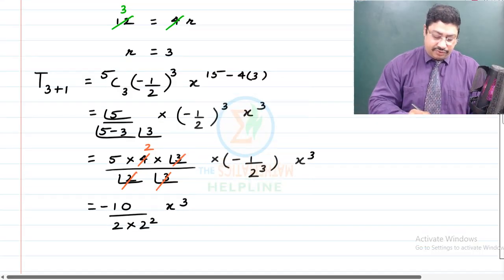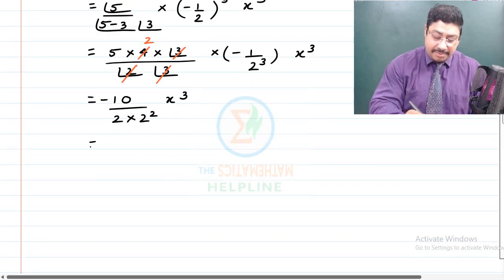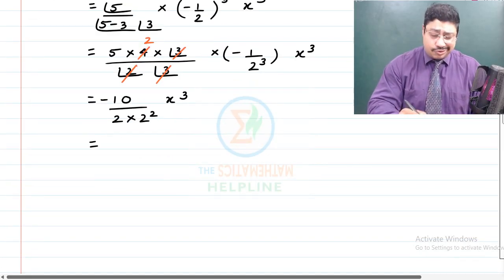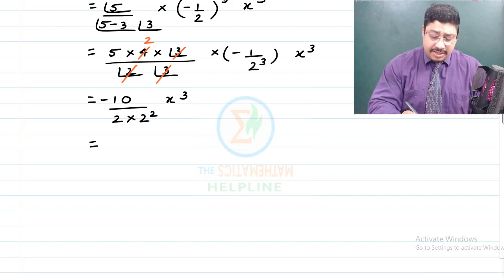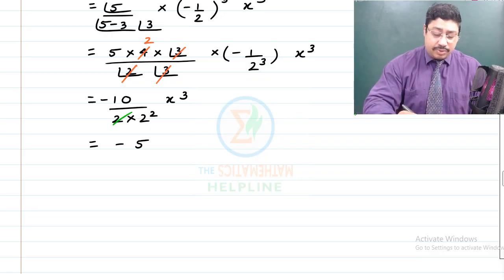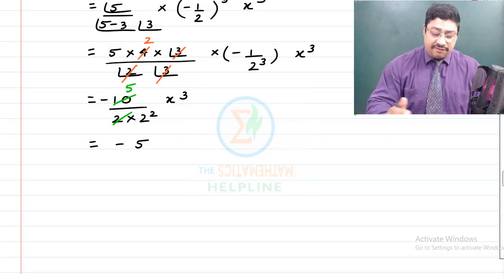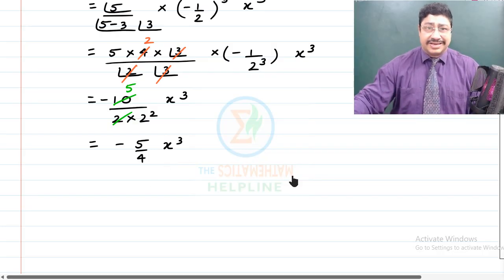As such here, if you try finding out what the final value of the coefficient, or the number multiplied with the term containing x cube, is going to be, it will become equal to minus 5, because this 2 is going to be cancelled with the 2 which is there with 10. So 2 fives are 10, right? So you will have 5 upon 4, with a minus sign, which is multiplied with x cube. That will become the coefficient of the term containing x cube.